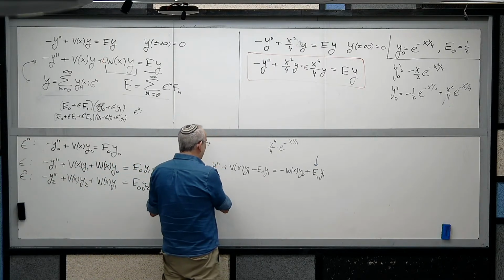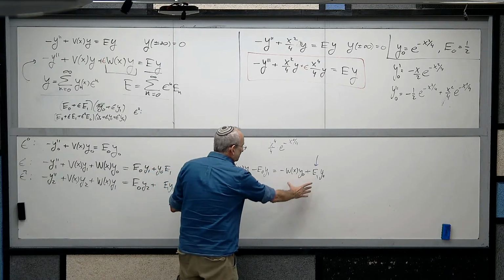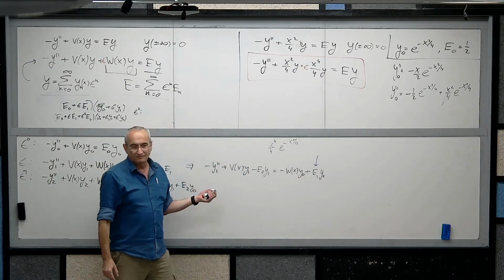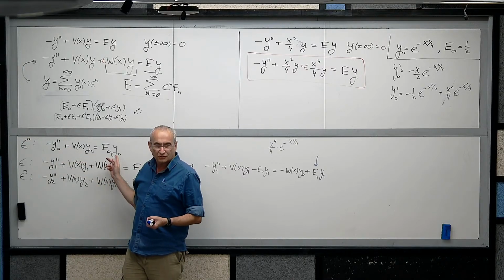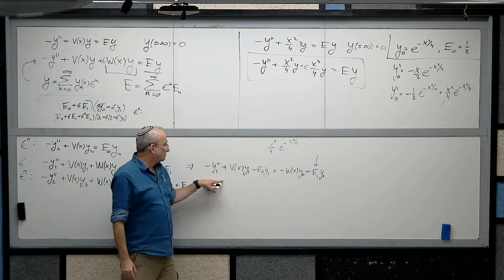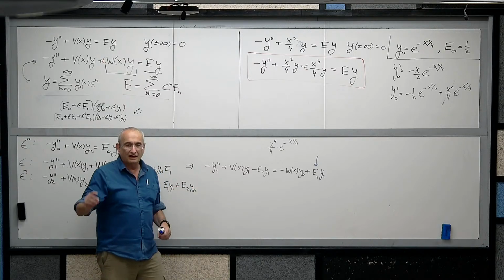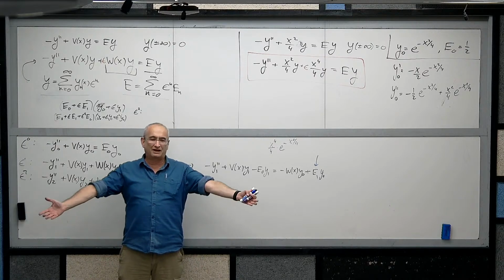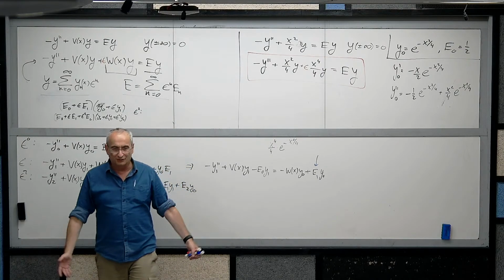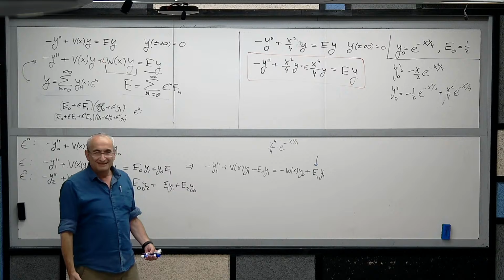The homogeneous part of this inhomogeneous equation is a zero order Schrodinger equation, so I know the homogeneous solution. And when I have a homogeneous solution, what should I do? Variation of parameters, fantastic. But the problem is that the parameter is unknown.